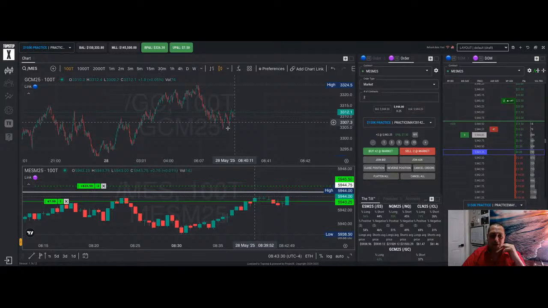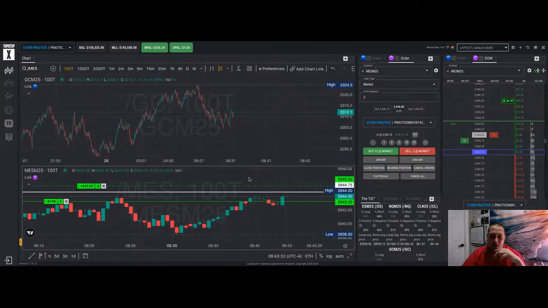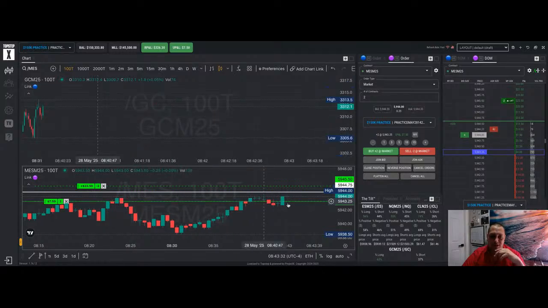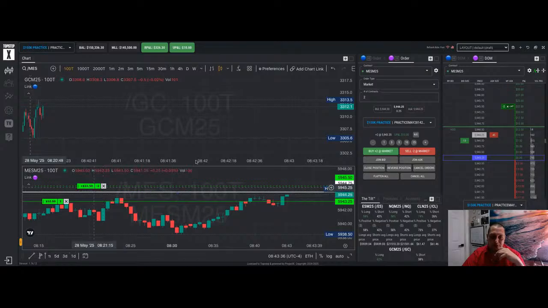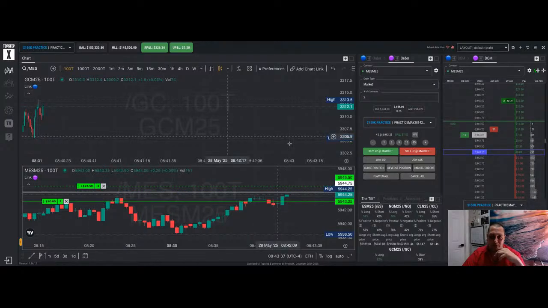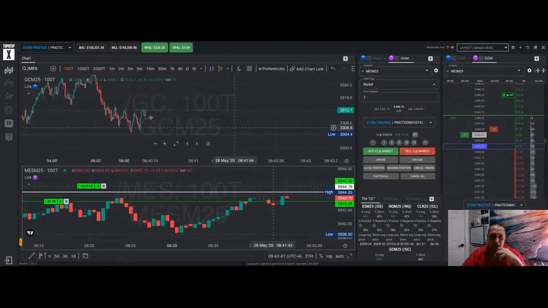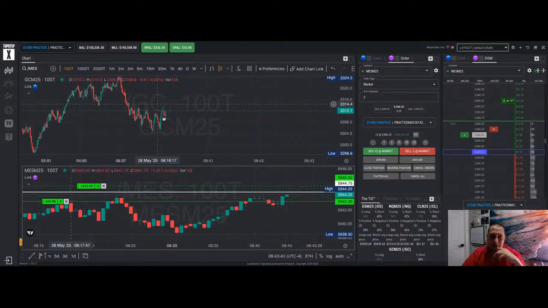So as of right now, I'm up $326. On my ticks here, I'm gonna hit my $22 mark. I'm pretty sure of it, and I had already hit my profit target here, made my 326.